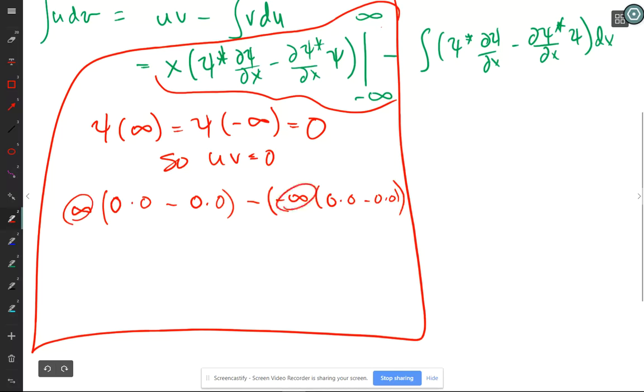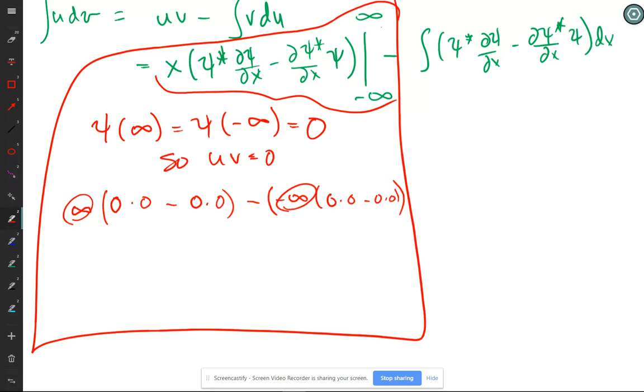We have infinities out front, but then we have times 0. And while I know infinity times 0 is indeterminate, it has to be 0 because the psis have to go to 0.